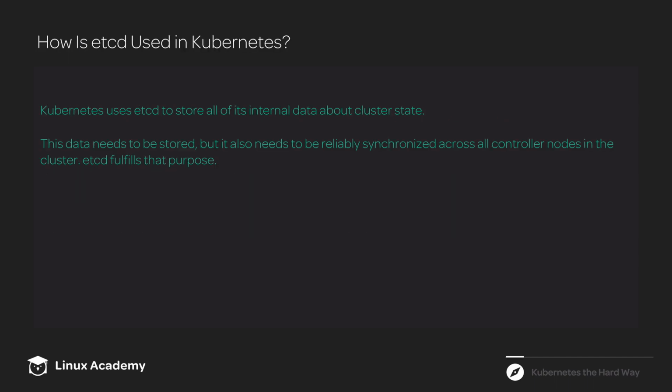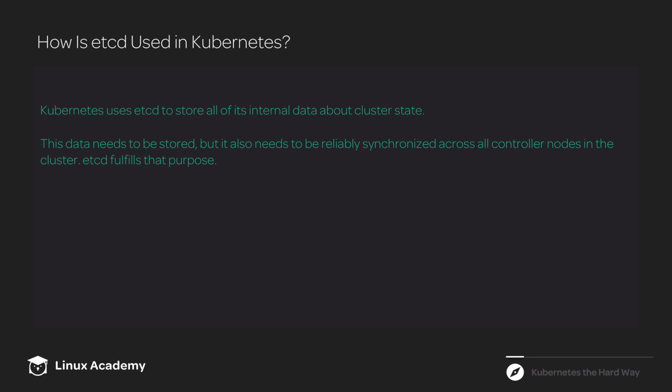So how is etcd used in Kubernetes? Well, Kubernetes uses etcd to store all of its internal data about cluster state. So for example, if I go to create some pods within my Kubernetes cluster, those pods are going to be represented by some kind of data.